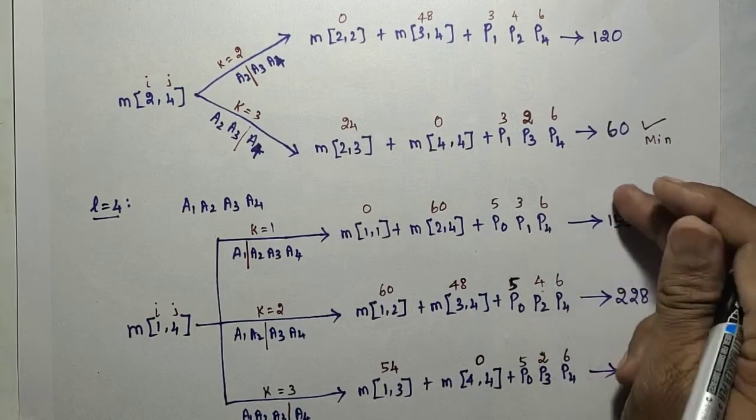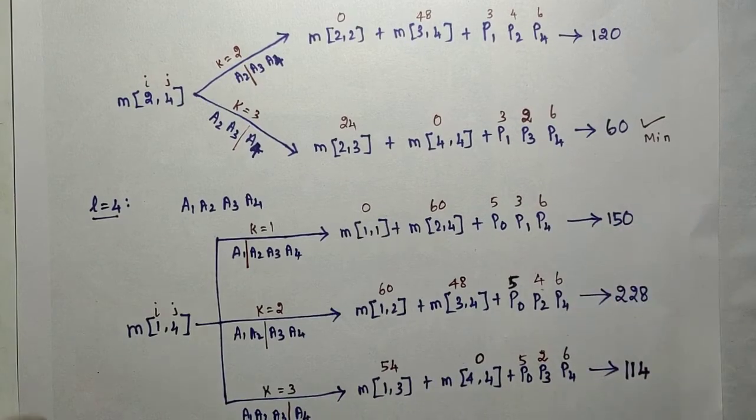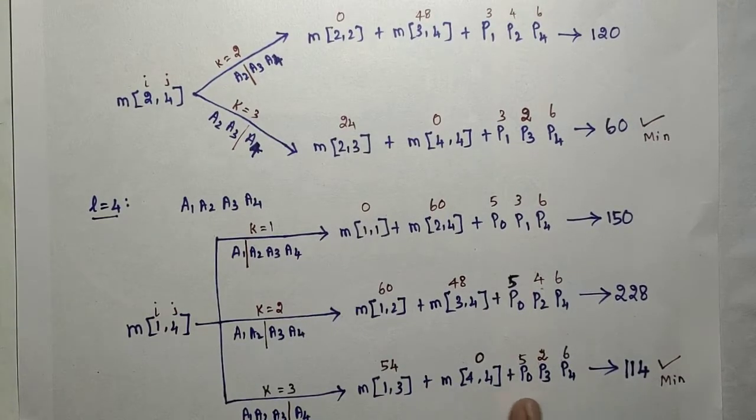Among these three, the minimum one is this one, 114. That is the minimum, and that needs to be chosen as the answer for m of 1 comma 4.